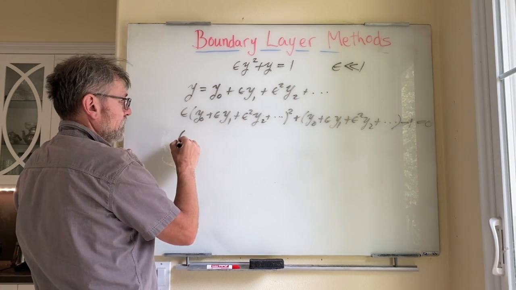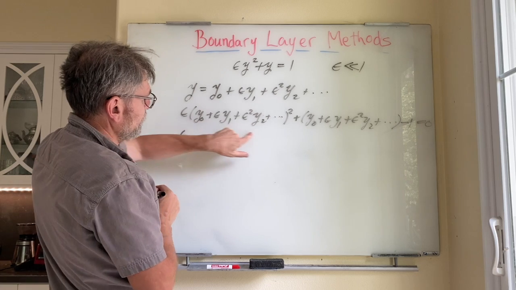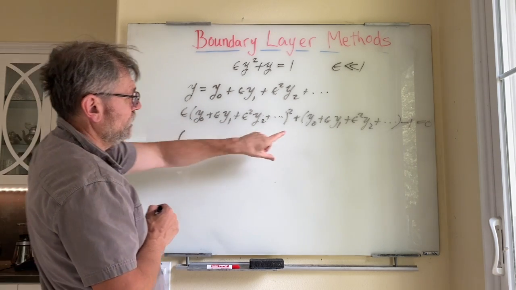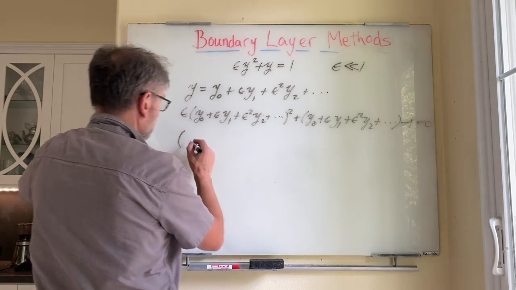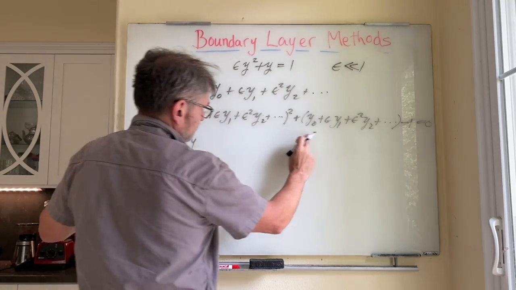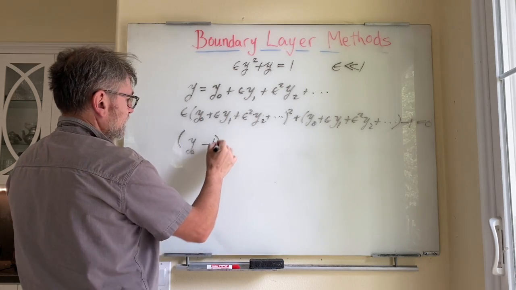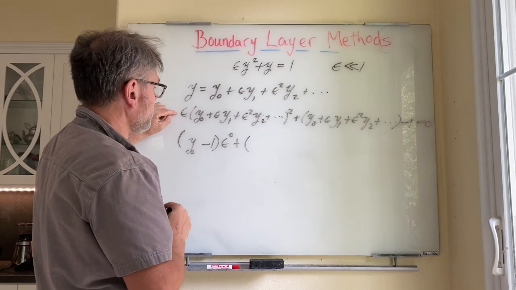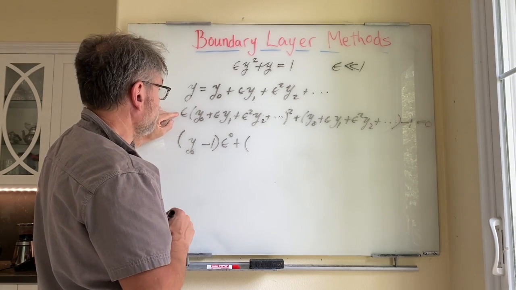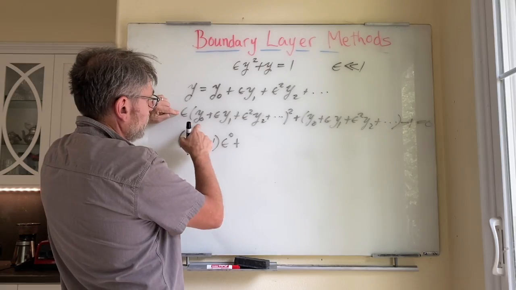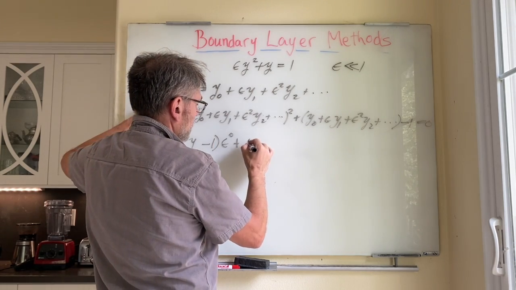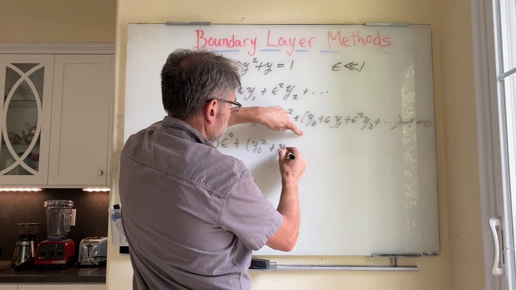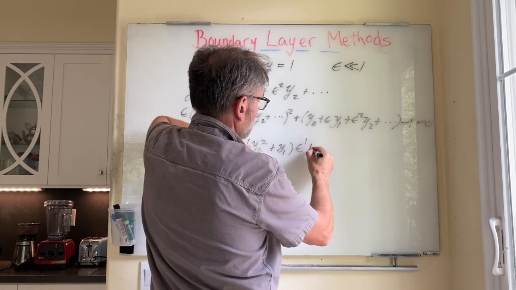Now we're going to rearrange the terms, collecting like powers of epsilon. In the first term there are no terms involving epsilon to the power of 0. The first one appears in the second term, and we have y naught minus 1 times epsilon to the power of 0, plus. Now we collect all the terms of power epsilon. In the first term we have just y naught squared, and in the second we have plus y1, times epsilon to the power 1, plus.